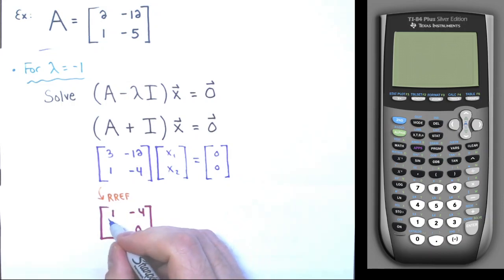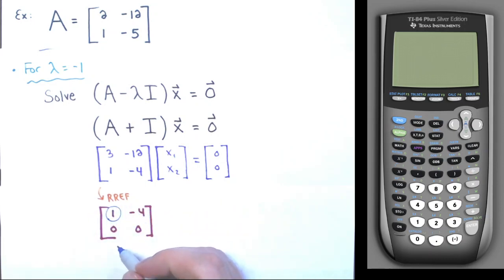Now let's state the solutions. Look for your pivots, the leading ones in the rows of the reduced row echelon form. The first column, with the coefficients of x1, is a pivot column, so x1 is a basic variable.